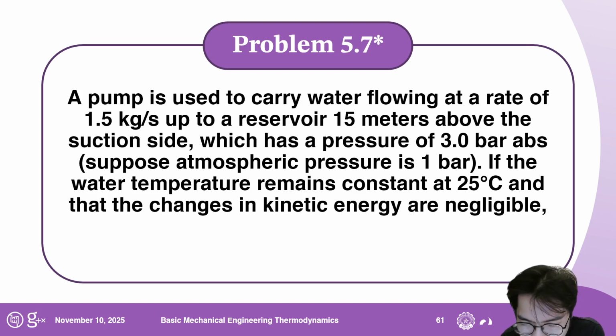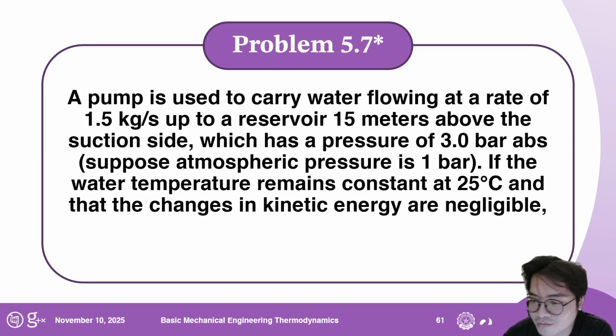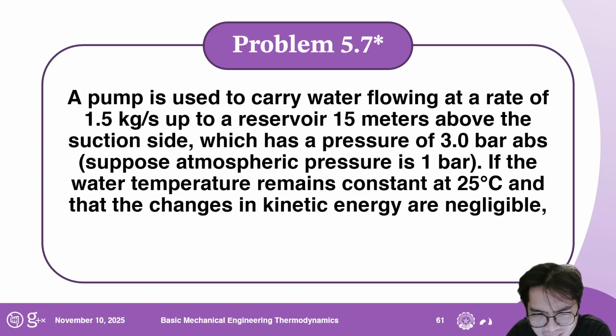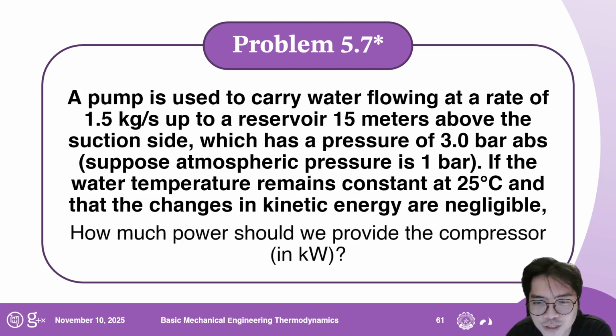You're like, oh gosh, why did they mention that? If the water temperature remains constant at 25 degrees and the changes in kinetic energy are negligible, a lot of things are going to be thrown up into the air. How much power should we provide the compressor? Or rather, the pump.